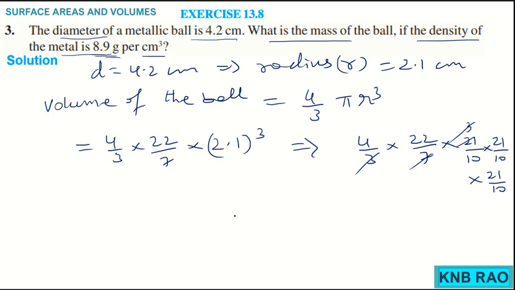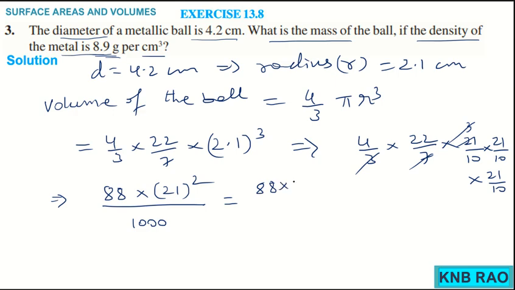Now, I am having 4 into 22, that is 88, multiplied by 21 square by 10 into 10 into 10 is 1000. So, the product of 21 by itself gives you 441, and 441 multiplied by 88 divided by 1000 is to be done.